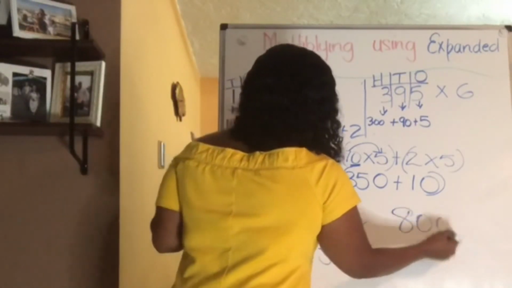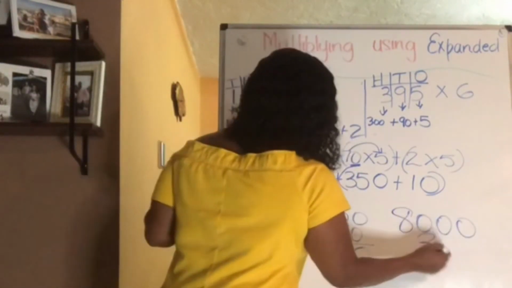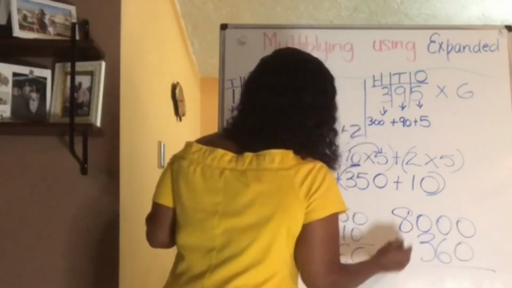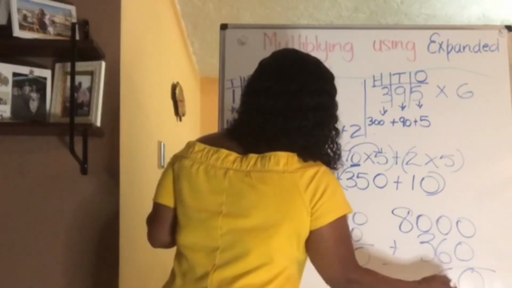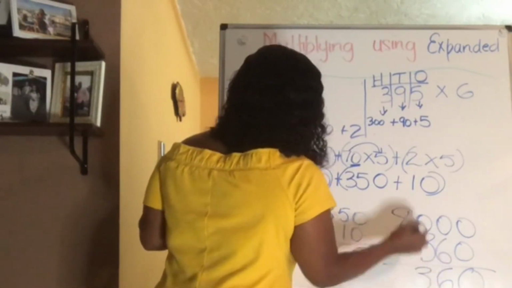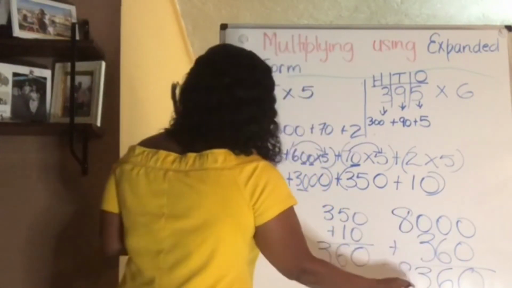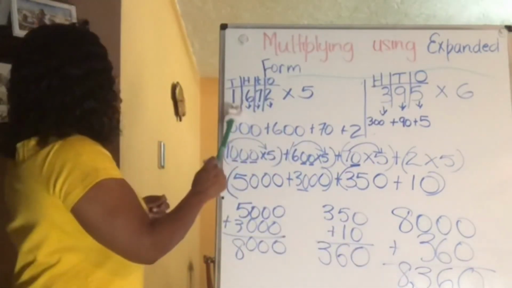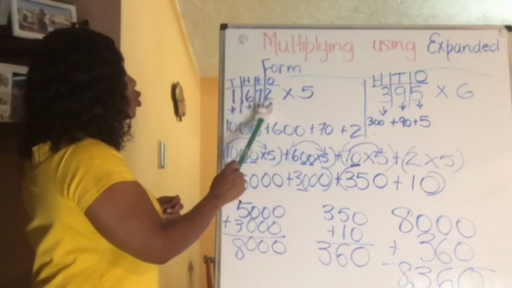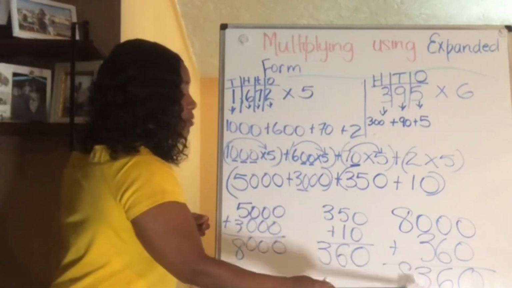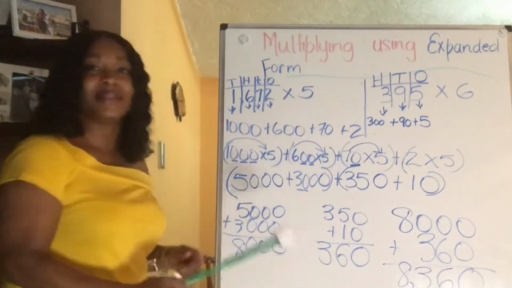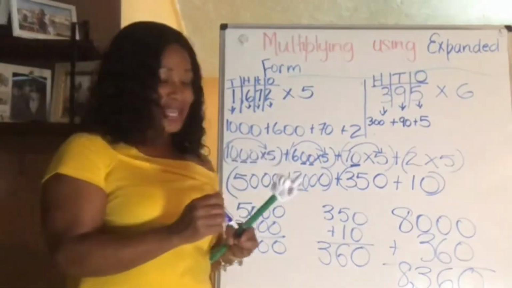So 8,000 plus 360. 0 plus 0 is 0, 6 plus 0 is 6, 3 plus 0 is 3, 8 plus nothing is 8. So 1,672 times 5, that's 8,360.